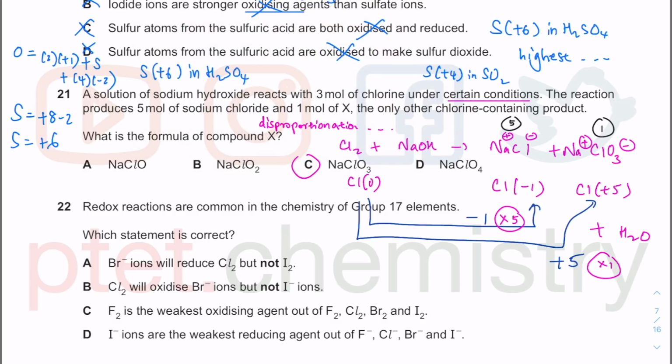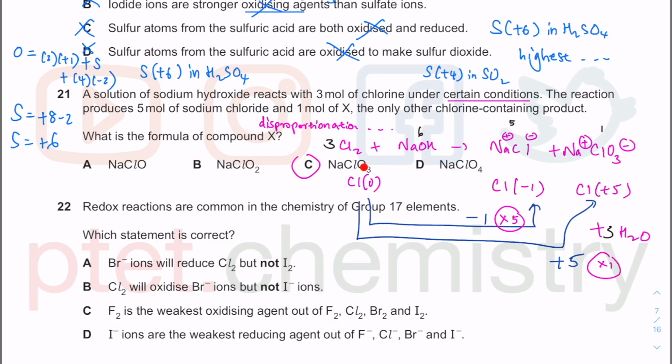We must have 6 sodium hydroxide, and we must have 3 Cl2 because 5 and 1 make 6 chlorine, so 3 Cl2 there. Usually I don't circle these things, so I probably shouldn't circle them at all. Of course, the water also needs to be balanced. 6 hydrogens, so 3 H2O there.